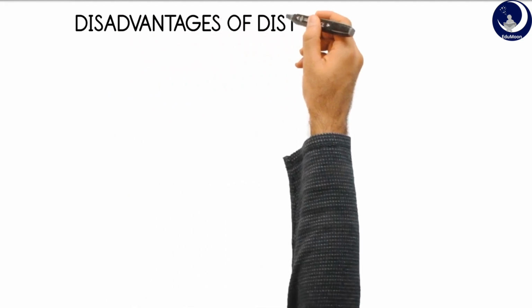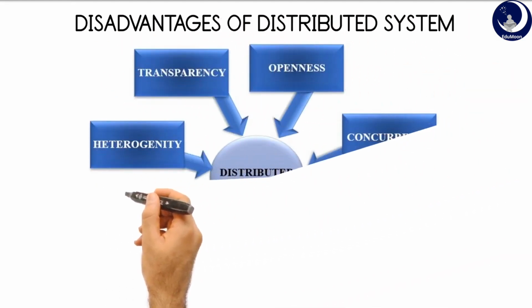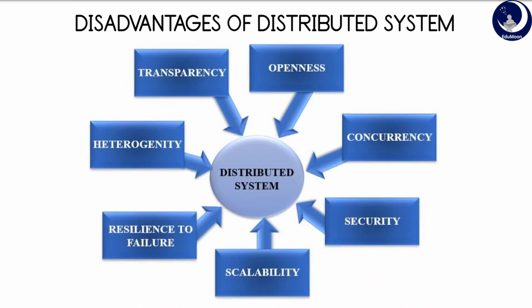Compared to the advantages, there are many more disadvantages of a distributed system. It is difficult to provide adequate security in distributed systems because the nodes as well as the connections need to be secured. Some or many of the messages and data can be lost in the network while they traverse from one node to the other.